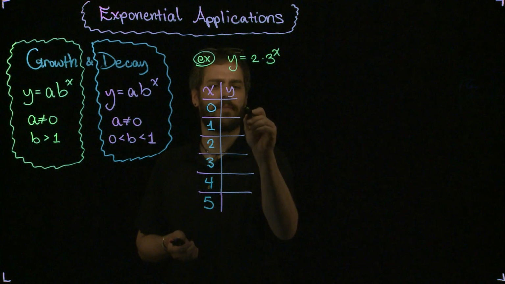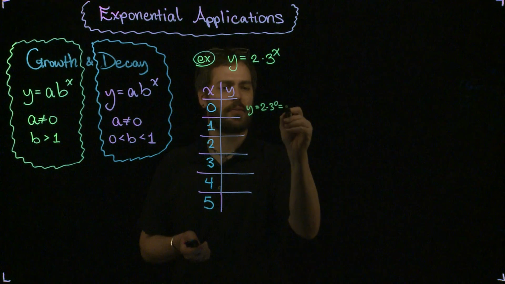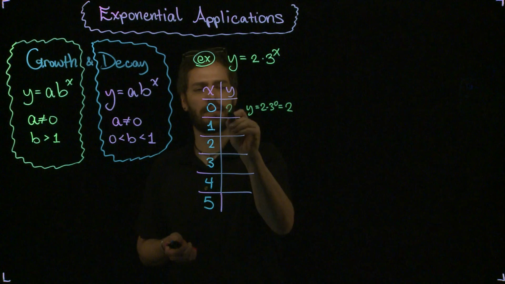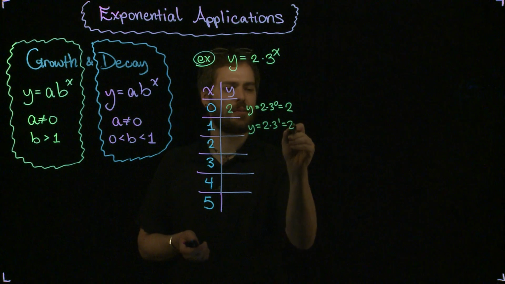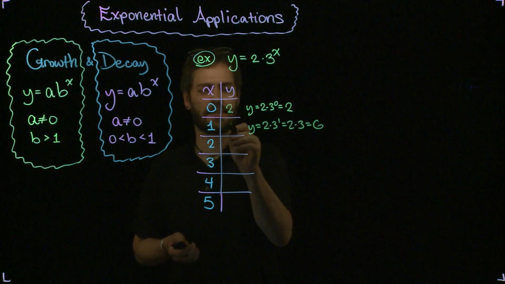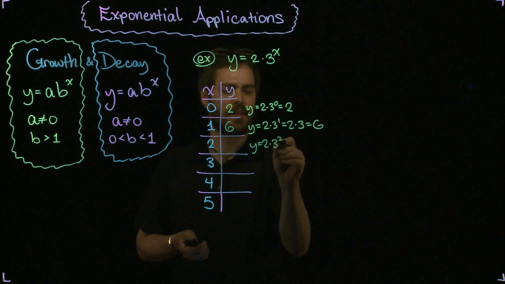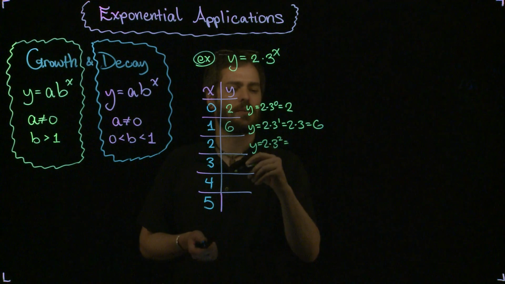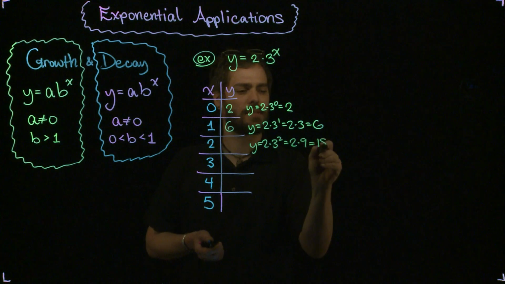At 0, y equals 2 times 3 to the 0 power. Anything to the 0 power is 1, so this just comes out as 2. Y equals 2 times 3 to the first power is 2 times 3, which is 6. Y equals 2 times 3 to the second power, which gives me 2 times 9, which is 18.